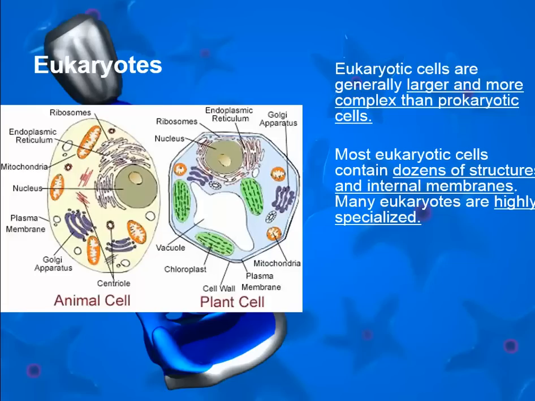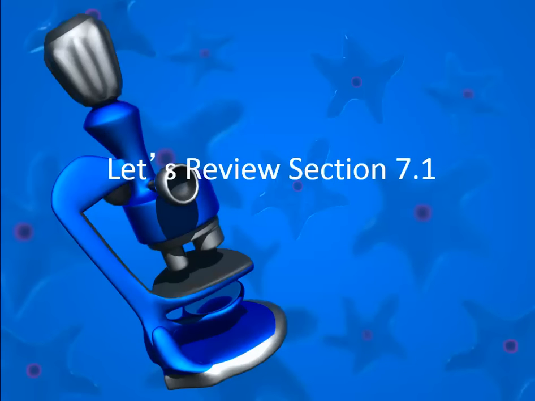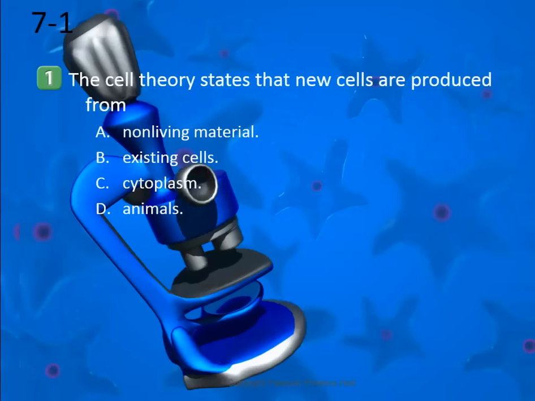So one eukaryotic cell might be a bone cell. Another eukaryotic cell might be a nerve cell. That's what we're talking about when I say that they are highly specialized. So there are many types of organisms that are eukaryotic: plants, animals, fungi, protists. So that pretty much ends section 7.1.